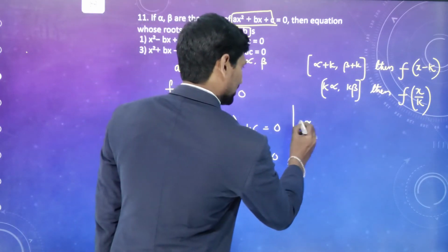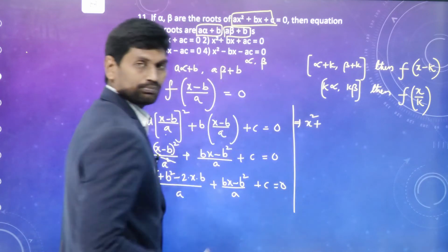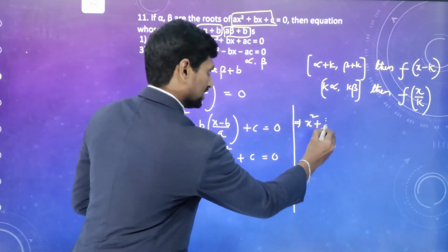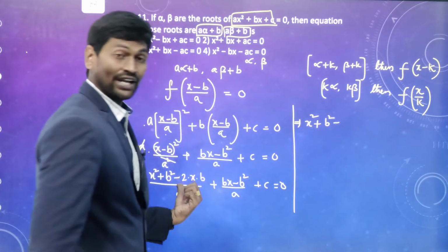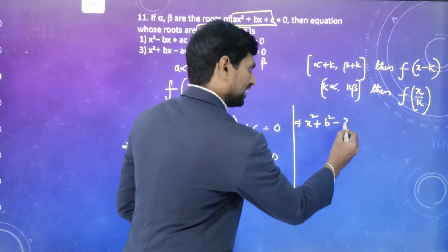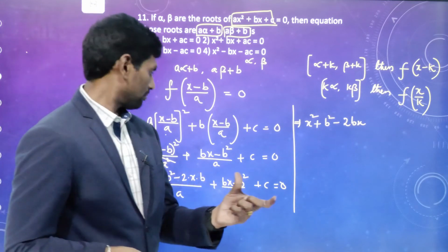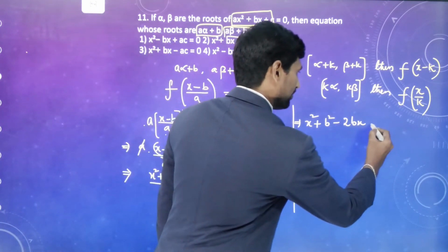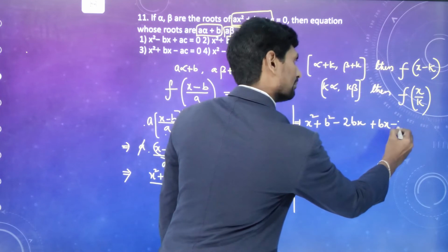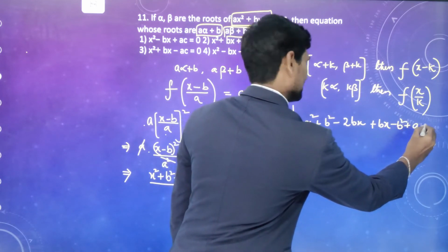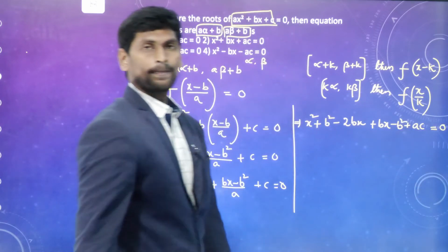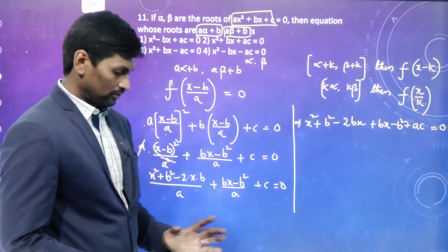So simply this equation will be x square plus b square minus 2xb. I can write 2 into bx; xb or bx both are the same according to the commutative property. Now this one plus bx minus b square plus ac equals 0. 0 into a is 0.